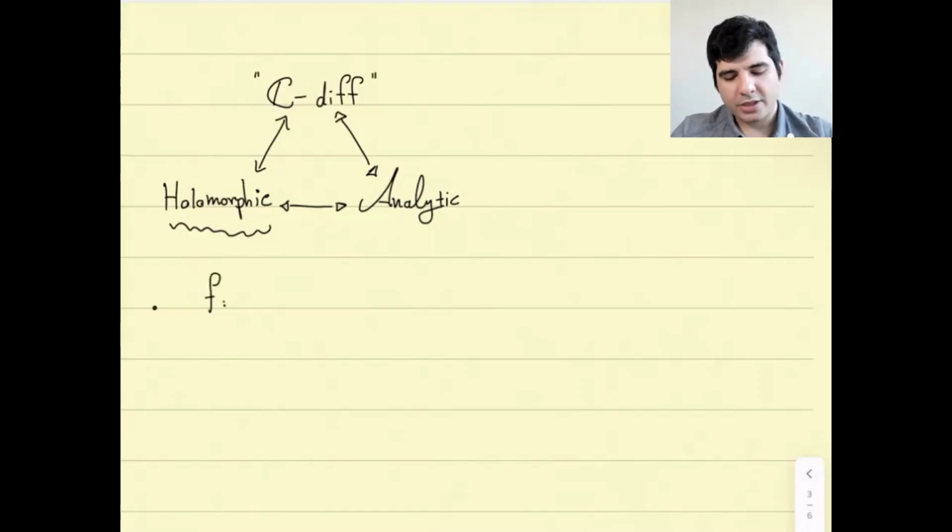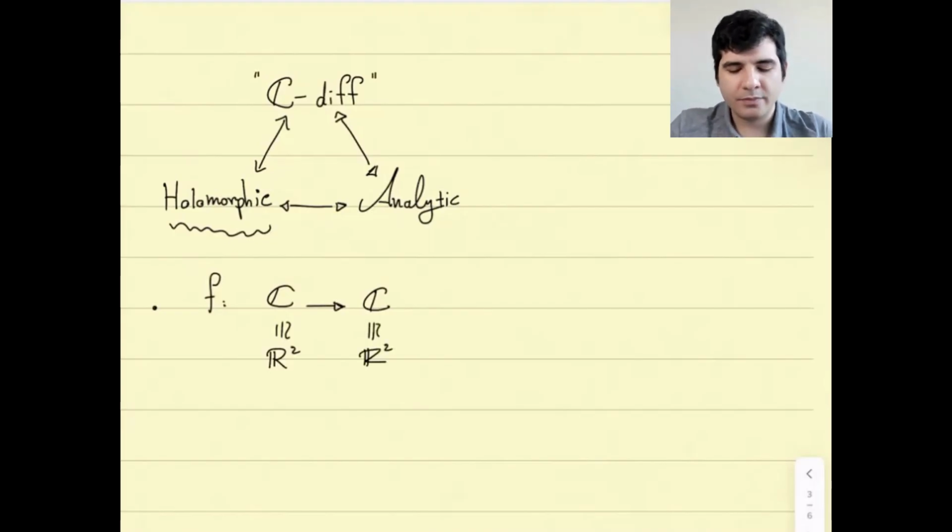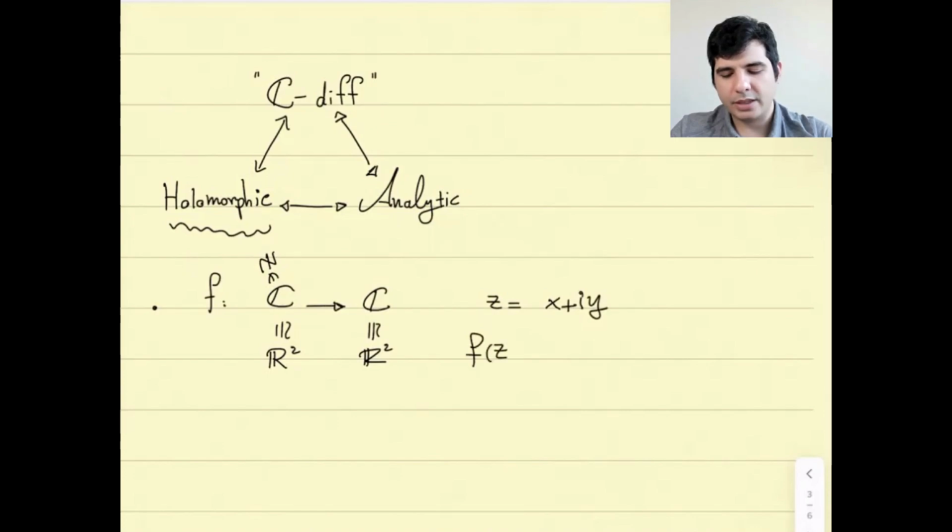So we have, let's say, a function from C to C, or a subset of C to C. And C is essentially like R2. So both domain and target are very similar to R2. They're the same as a group. Also, any point z in the domain can be written as x plus iy. f of z would be in the target, so it is also a complex valued thing.